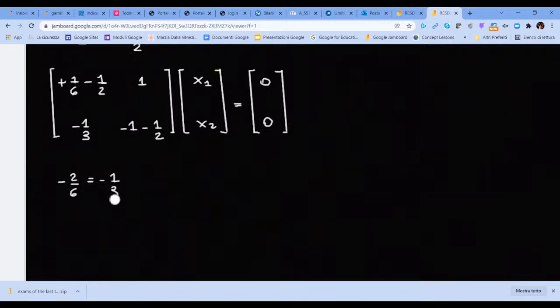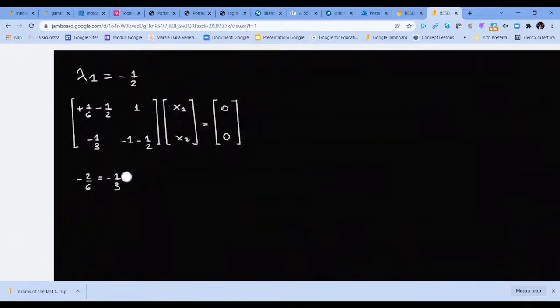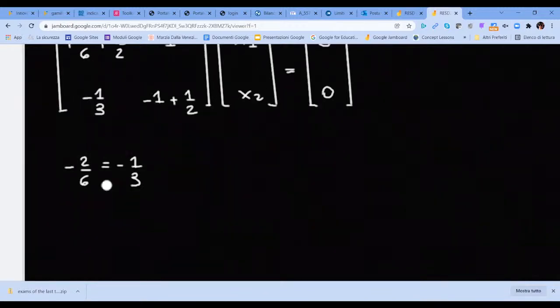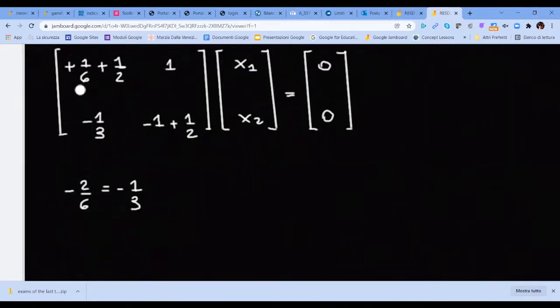I think. No, I'm sorry. It is minus lambda. This is a plus. This is minus lambda. So it is 1/6 plus 1/2. It is 1/6 plus 3/6, is 4/6. It is 2/3 plus 2/3.